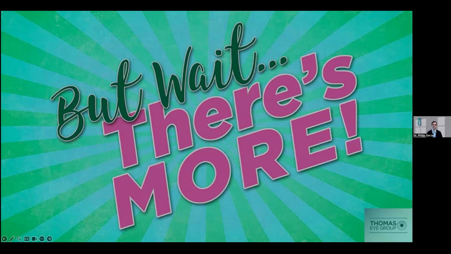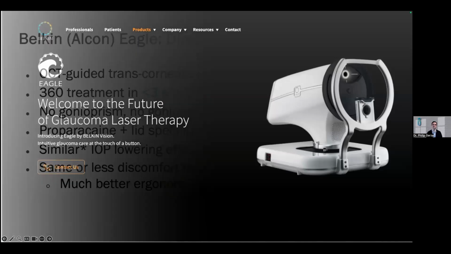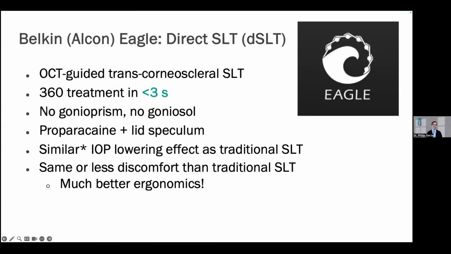Interestingly, that's not the only innovation in SLT. Many of you probably already know about direct SLT, but the Belkin, or Alcon now, Eagle is an OCT-guided transcorneoscleral SLT delivery device that provides a 360-degree treatment of the trabecular meshwork in less than 3 seconds. Unlike traditional SLT, there's no gonioprism, there's no goniosol.